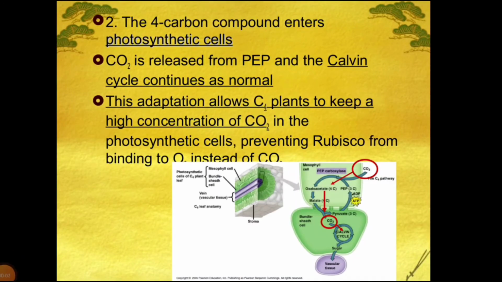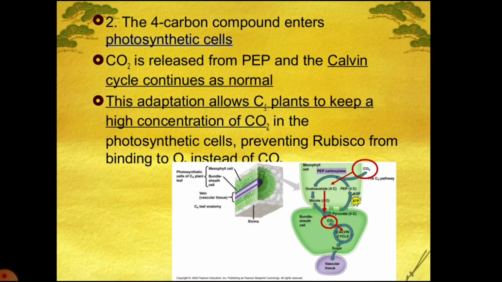The carbon dioxide released in the bundle sheath cells enters the C3 or the Calvin cycle, which is a common pathway to all plants. The bundle sheath cells are rich in the enzyme Rubisco but lack PEPcase.